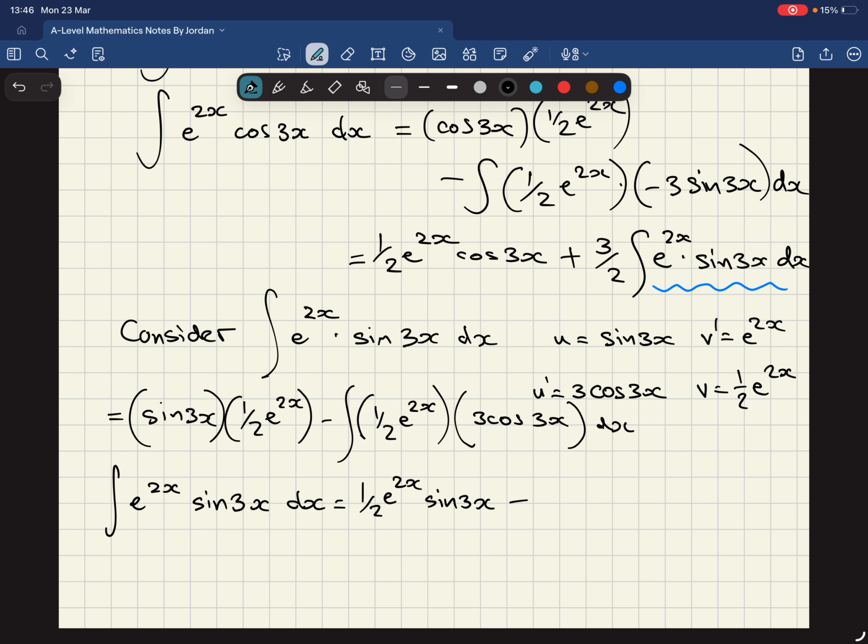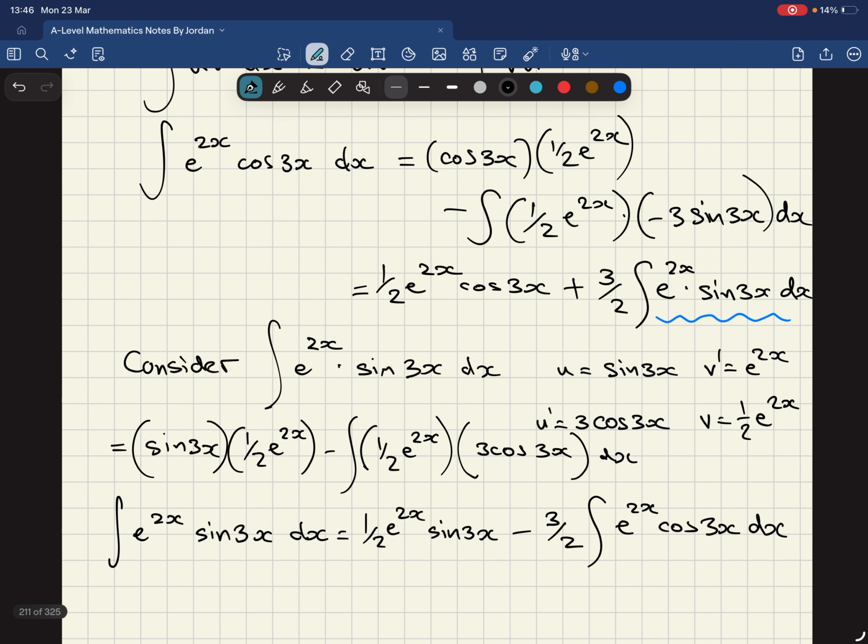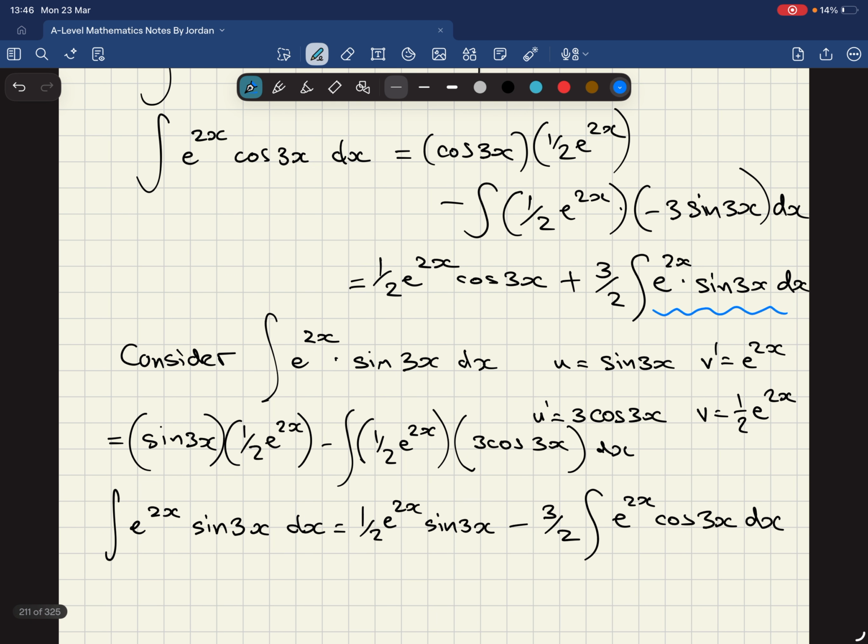Take away, remember it is take away because we've just got a minus sign there, nothing to cancel. We've got 1 half here and a 3, so that's minus 3 halves the integral, then we've got e to the 2x times cos 3x dx. What you should notice now is we've ended up with that integral again.